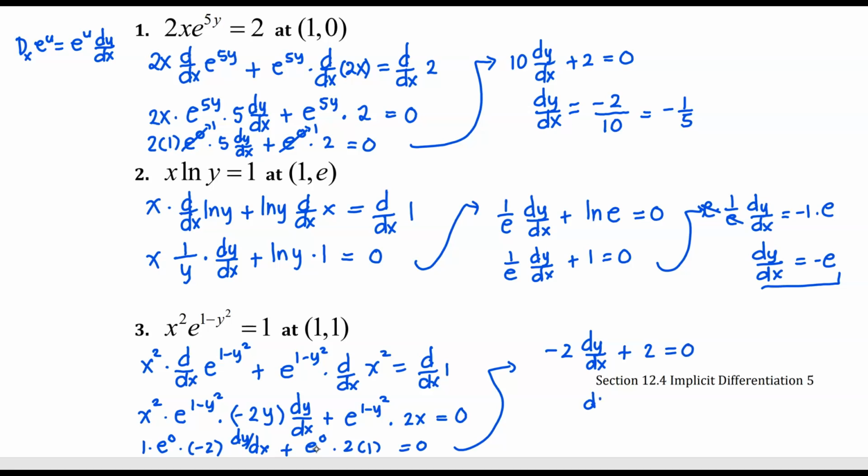Then therefore dy/dx is equal to, now you transpose 2 to the other side of the equation. You have negative 2 there. And then you'll have negative 2 dy/dx, and then you can just divide both sides by negative 2. So therefore, dy/dx is just equal to negative 1.